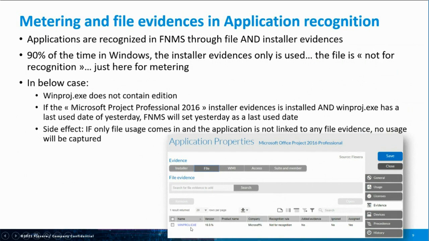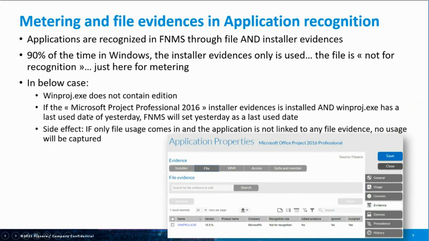That's why we don't use the file to recognize. The file evidence is too poor to allow us to understand the edition. However, if we have the professional edition recognized, plus a file showing that it was used yesterday, the inventory import will join the information and update the last use date of the application on the computer.